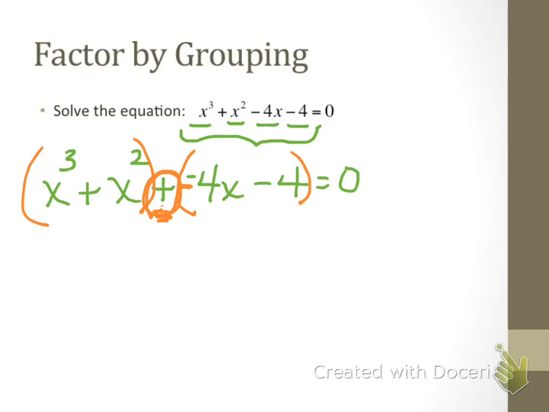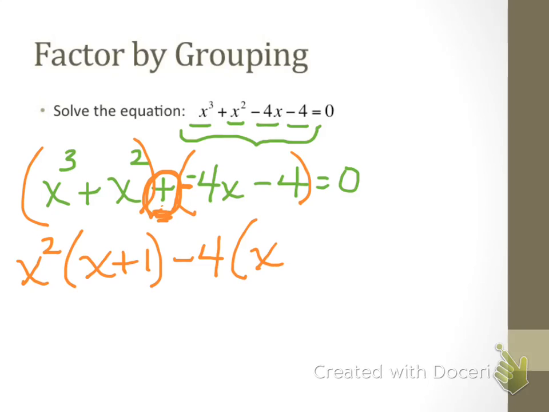So now from each group, from each parentheses, I'm going to factor a common monomial. So in the first parentheses, there is an x squared that both terms have in common, and that leaves me with x plus 1. In the second set of parentheses, I'm going to factor out a negative 4 so that my parentheses will also end up equaling x plus 1, because that negative 4 divided on this term and this term will give me the x plus 1.